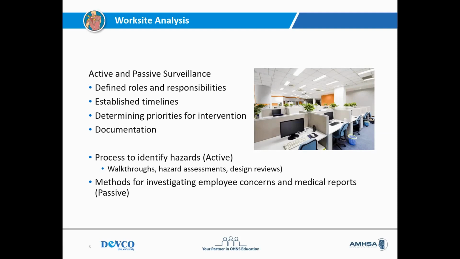So for some organizations, they might have a self-assessment that they would use, whether that's paper-based or electronic. Some will use the online self-adjust tool that's available on the AMHSA website. That's a good starting point where people can go through and try and help sort themselves out. And then if they're still having issues, they would have an assessment either completed by someone internally or possibly by an external consultant.